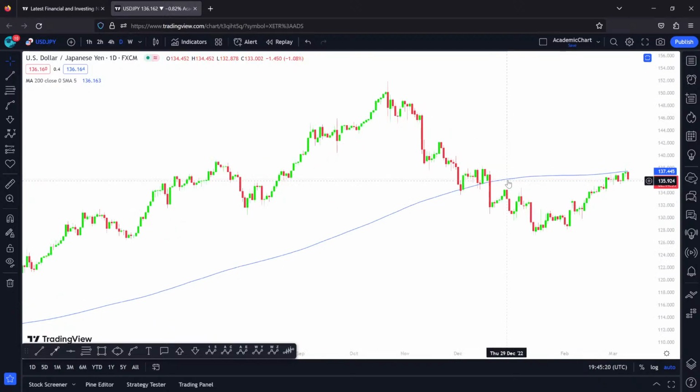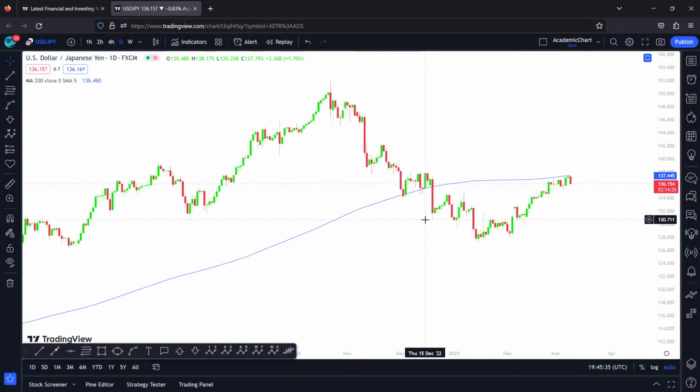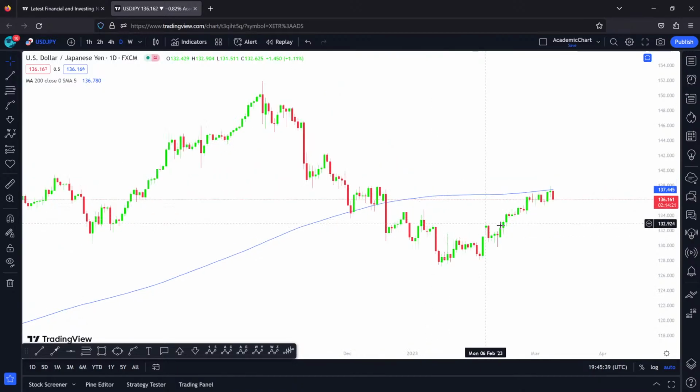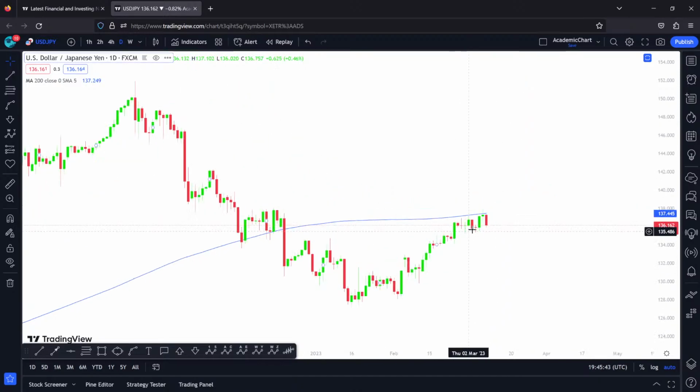But when it's below that line, it is bearish, so it is moving to the downside, and they will call it a downtrend market or bear market. Here we can see in the news that it said that it reached that resistance zone.